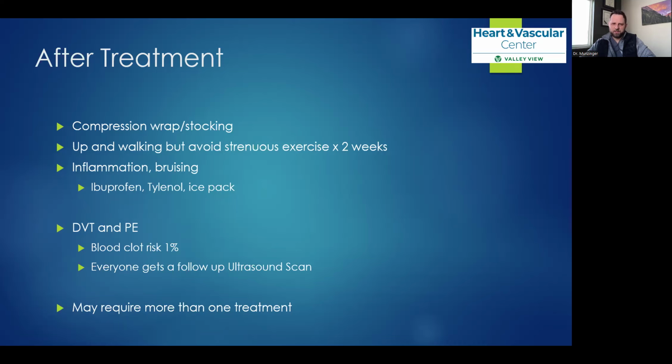I do also advise patients that frequently there will be multiple veins in a leg or multiple veins between both legs that require treatment. This usually requires a follow-up treatment, and oftentimes we are unable to accomplish treatment of all of the veins in the same setting.